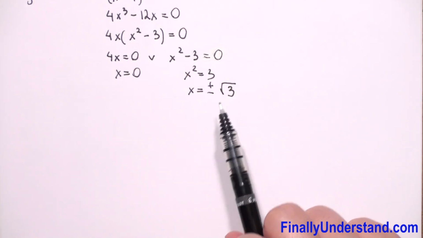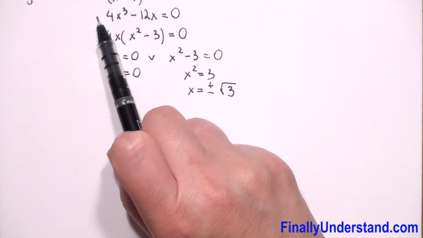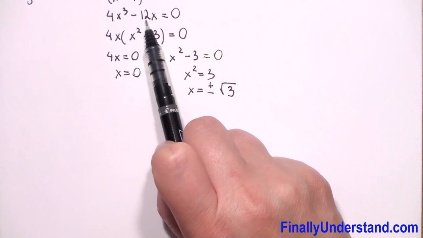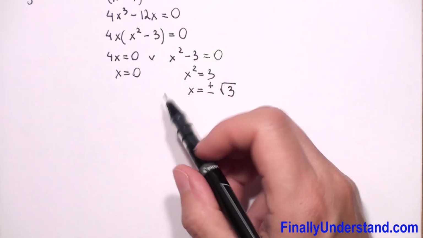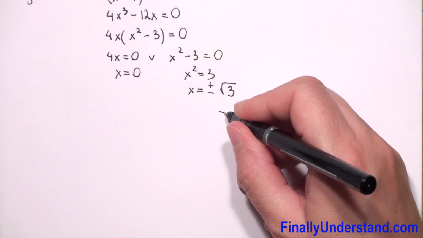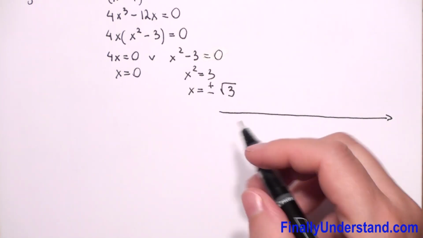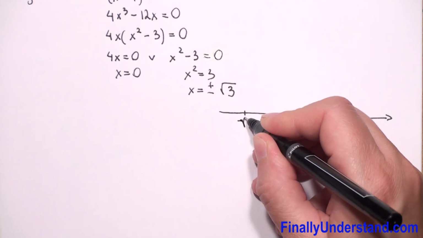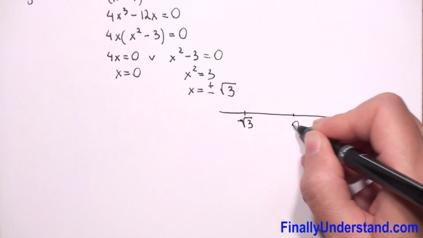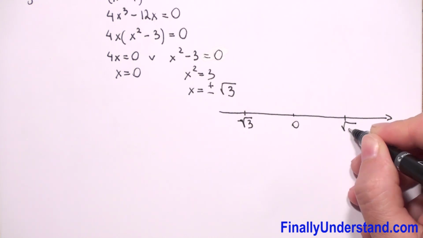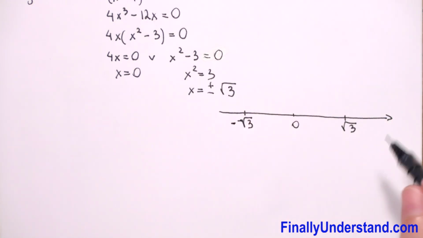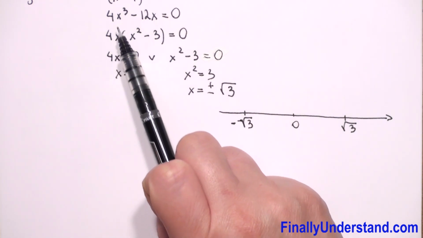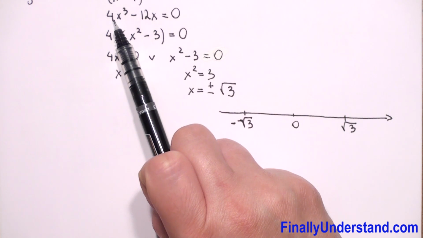The easiest way, in my opinion, is to draw the graph of our function 4x to third power minus 12x. So first we have to put on our number line x our 3 values. We have negative square root of 3, we have 0 and positive square root of 3. So we have to check first our coefficient before the highest power.